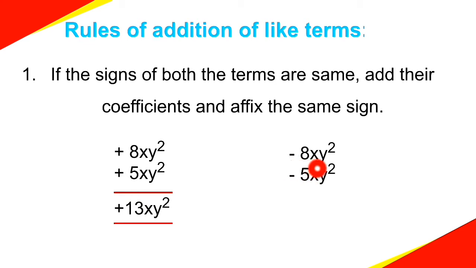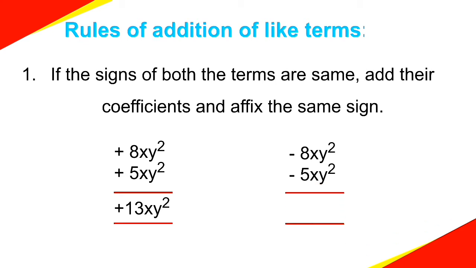Minus 8xy square. See, for xy square the coefficient is minus 8. Here for xy square the coefficient is minus 5. Here 8 and 5 are constant terms. Xy square and xy square are variables, right?